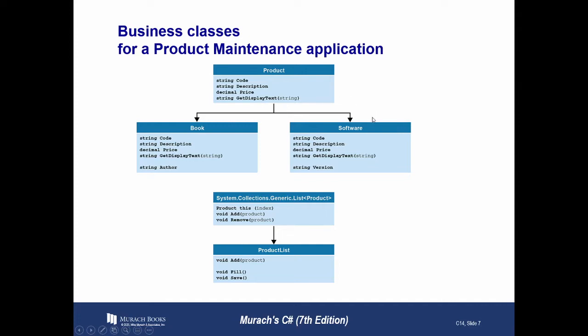And if you branch off into the two child classes, if we're going to say that product is the parent class or even the base class, we could say that it can branch off and inherit the same properties or attributes as the parent class. And what we have is code, description, price, and get display text. Okay, and that happens in both of these child classes.